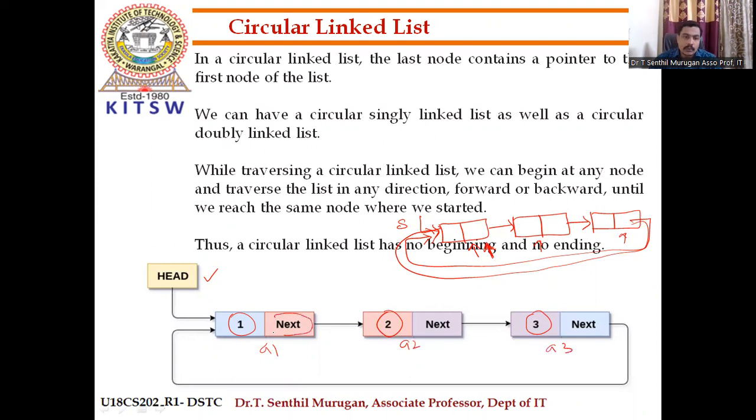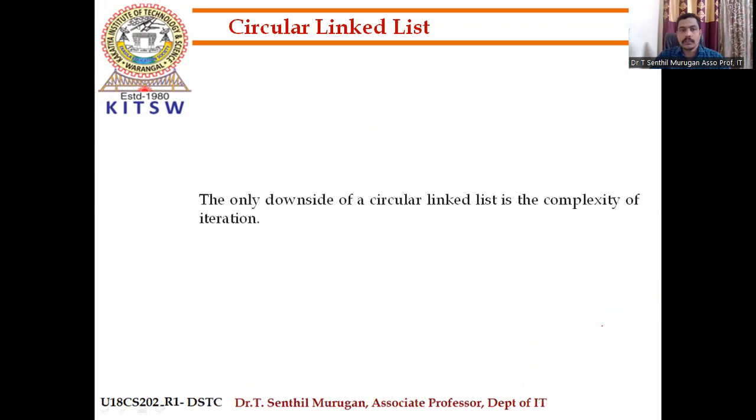Here it will store A2, the address of the second node. Here it will store A3, the address of the third node. What is this? This is the last node, no? It is pointing to the first node, so it is pointing to A1. The head node is pointing to A1. Whatever the head node is pointing to, the same thing will be included in the last node of the singly linked list. Once we include it, it is considered a circular linked list.